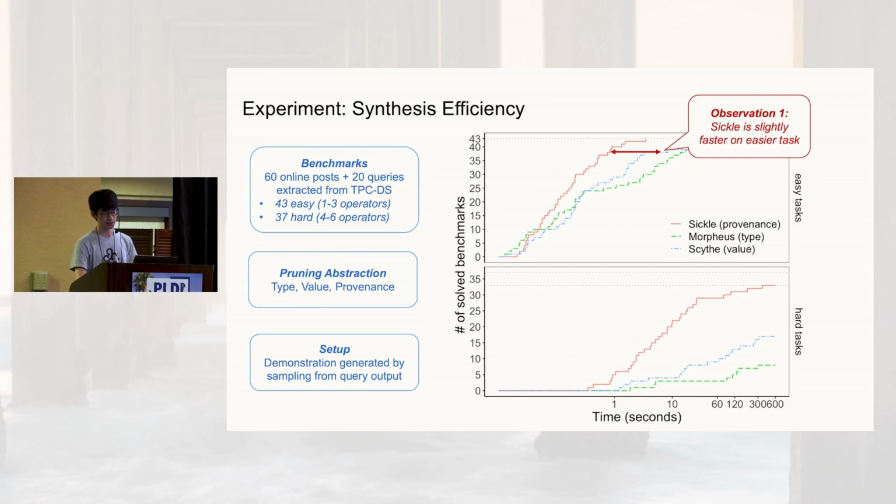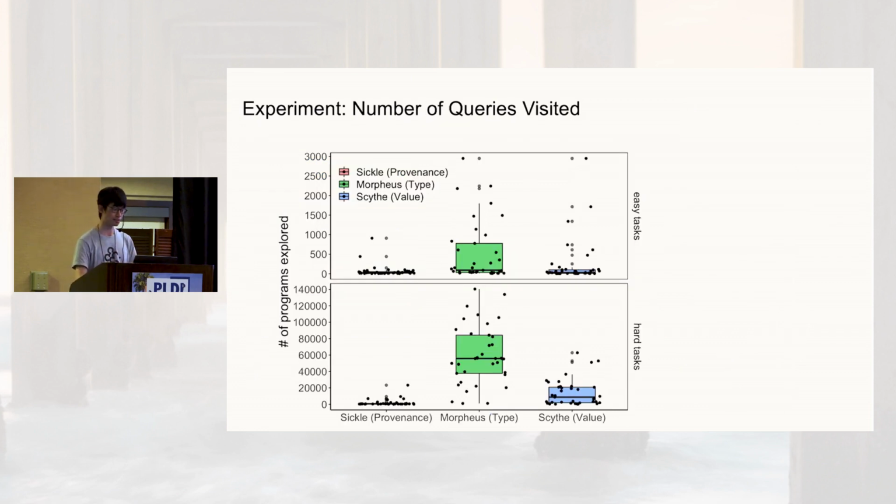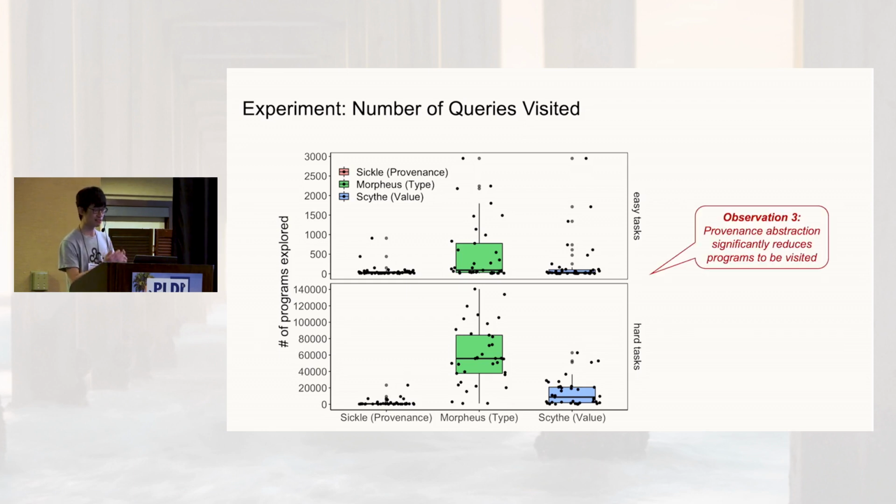As you can see, our tool called Sickle is slightly faster on easier tasks, but on harder tasks, we're not only significantly faster, but can solve many more tasks. And when we look at the number of programs visited in the search process, this box plot shows the number of programs visited. We can see it visits significantly fewer programs because of the pruning power.